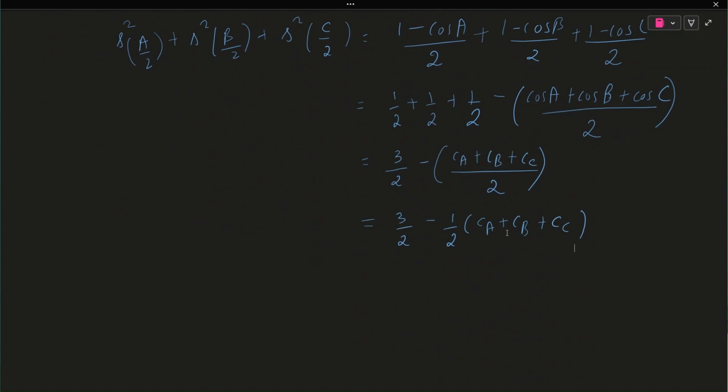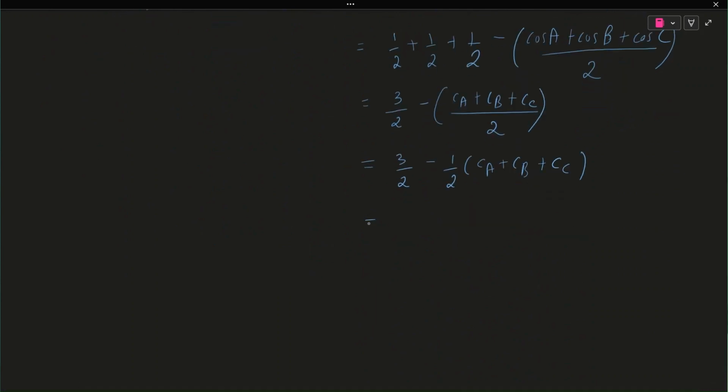So let's solve it again. 3 by 2 minus 1 by 2 of, now cos A plus cos B plus cos C can be written as 1 plus 4 times sine A by 2 sine B by 2 sine C by 2.